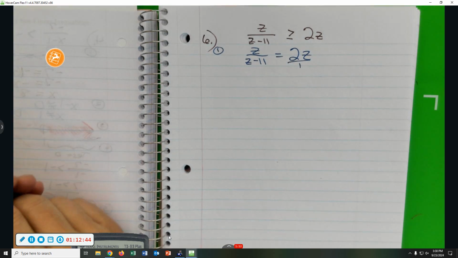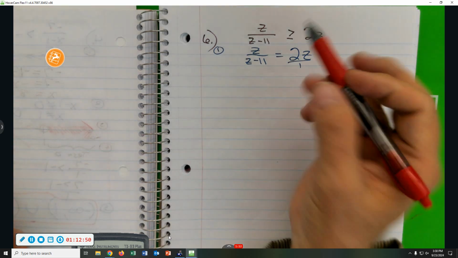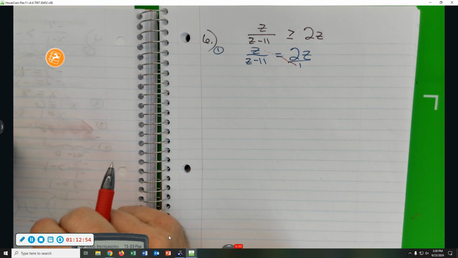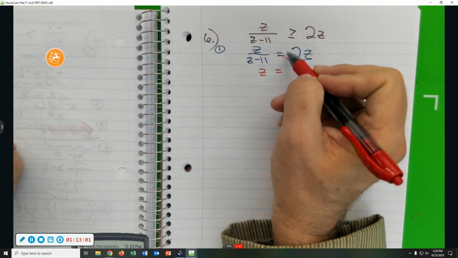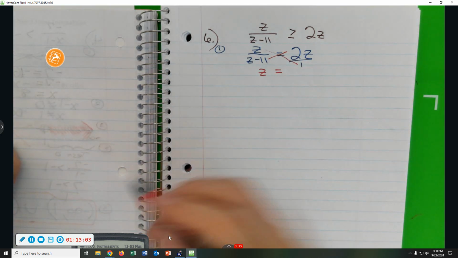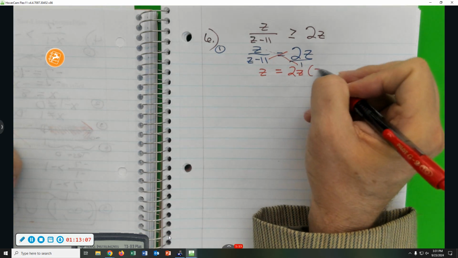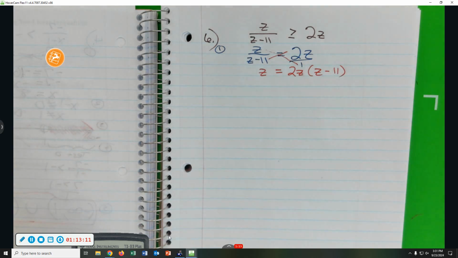Because what am I going to do here? Cross multiply. Z times 1, that's easy enough. Z times 1 is 1z equals, then 2z times z minus 11. You have 2z that you're multiplying by z minus 11.